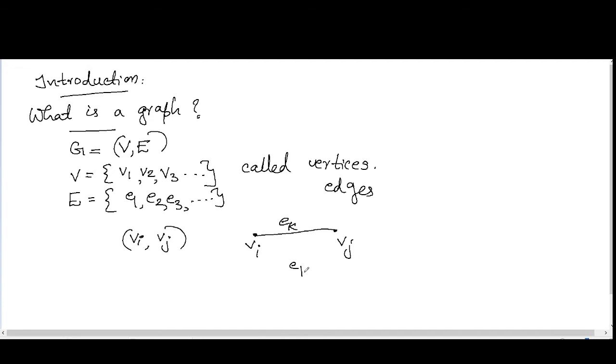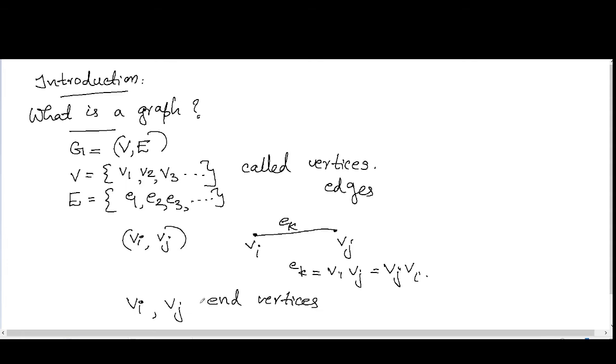Ek equals (Vi, Vj), or we can represent it by (Vj, Vi). The vertices Vi and Vj associated with the edge Ek are called the end vertices of Ek. So Vi, Vj are the end vertices of Ek.